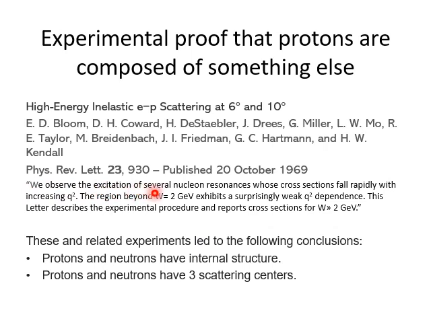And I took a quote out of the middle of the paper. "We observed the excitation of several nucleon resonances, whose cross-sections fall rapidly with increasing q squared." That's the exchange of momentum. So rather than angle, they measure the cross-section as a function of exchanged momentum. "In the region beyond an energy of 2 GeV, there are surprisingly weak q squared dependence."